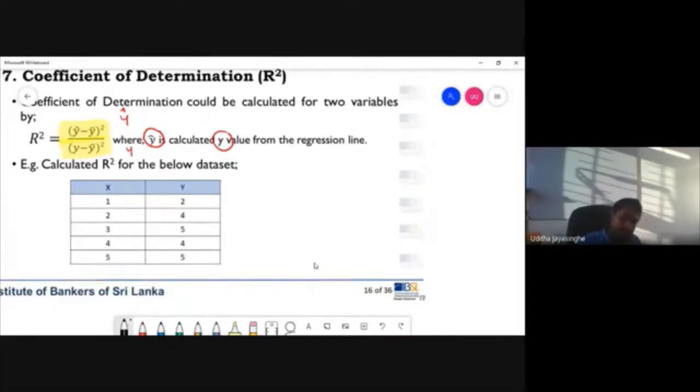Okay. The equation that we found previously for this data set is y equals 2.2 plus 0.6x. We know that, and we are going to calculate the R square for this particular data set and see how much of the data set is being covered by this particular line.